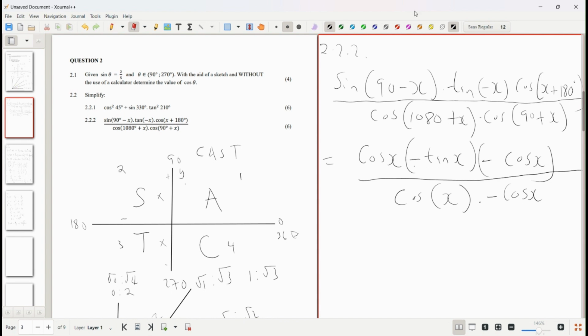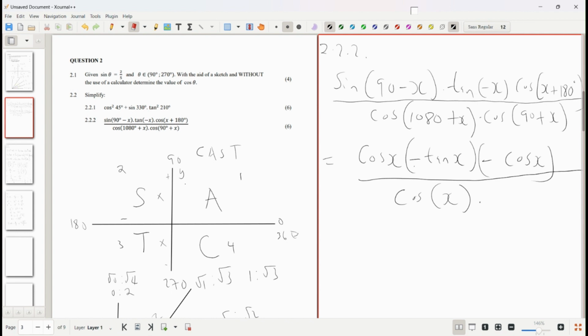If you add 90 plus x here, one thing I need you to also take note of is that cos is also a co-function with sine.